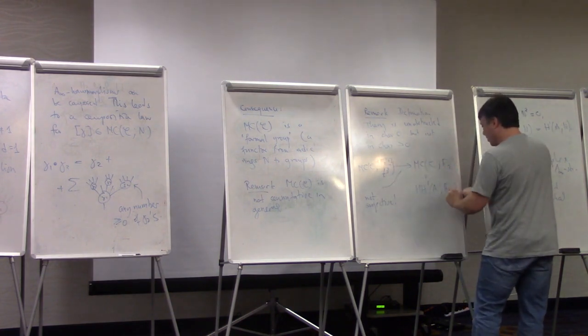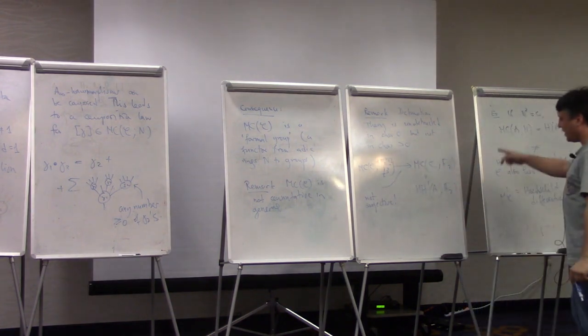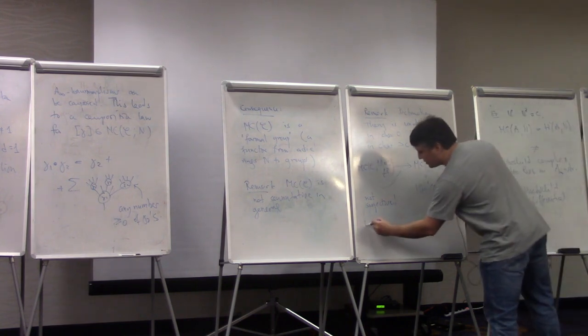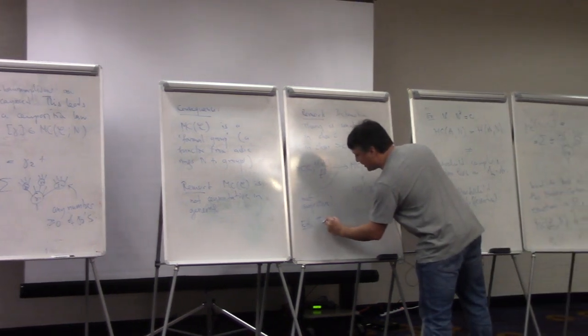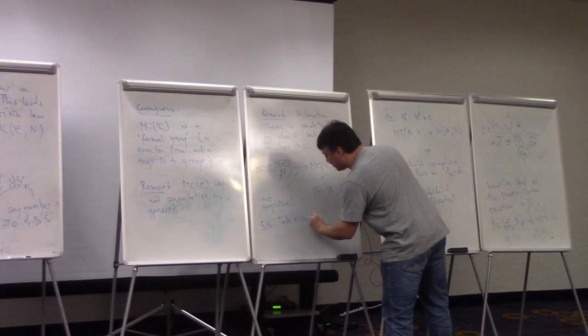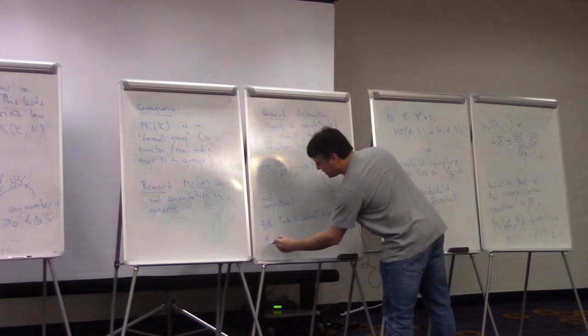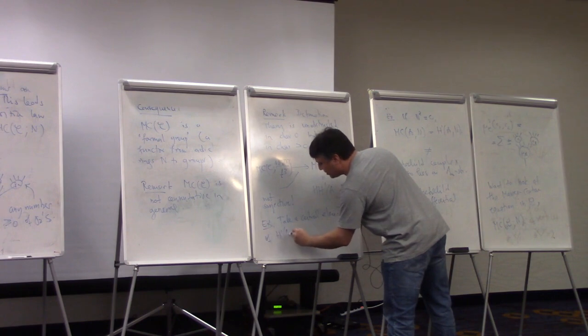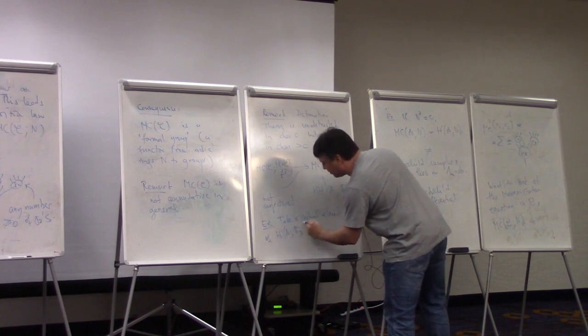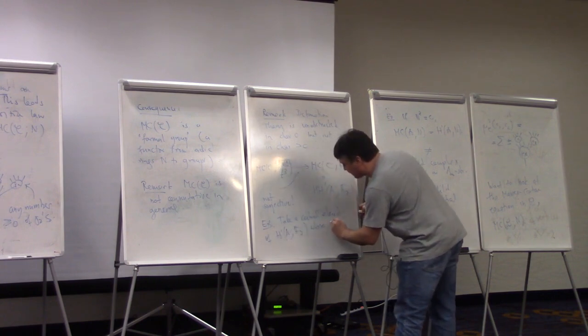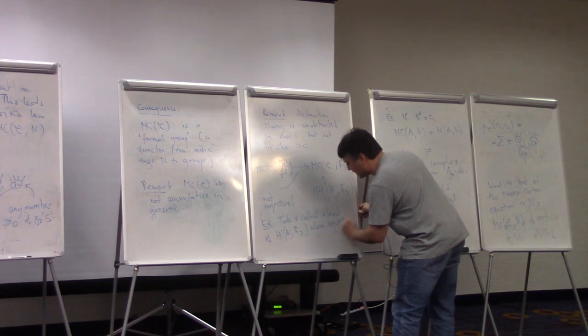So how do you see this? Well, an example is to take a central element of the first cohomology with coefficients in F2 whose square is non-zero.